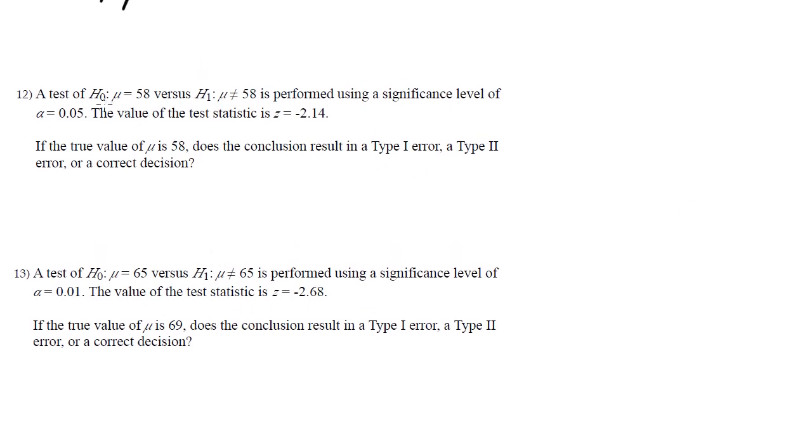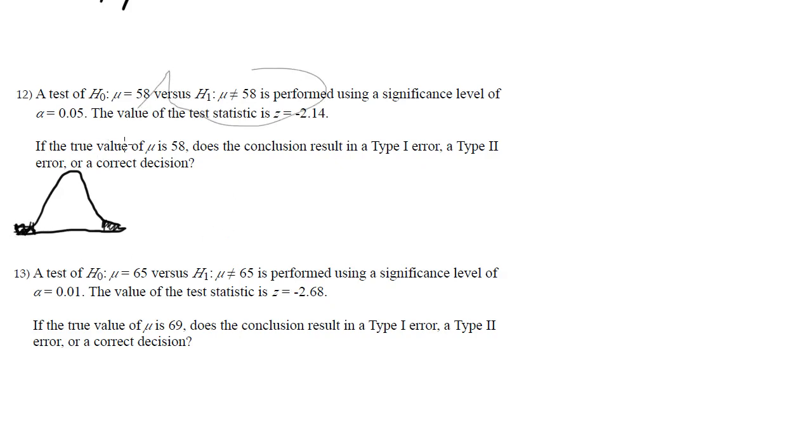Okay, so 12, null hypothesis is 58. Alternative hypothesis is the mean does not equal 58. It's different from 58. This is an example of a two-tailed test. It could be different above or different below. Could be greater than or less than. Just different from 58.